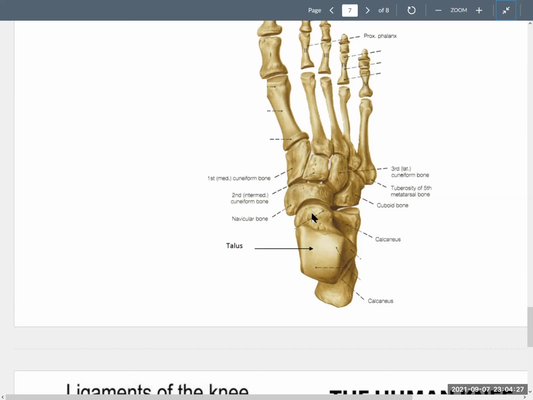Move forward and come back to the only one we skipped right here. This is the navicular, sometimes also called scaphoid, just like in the hand. But navicular is going to be better here. Boat shape, upside down, but boat shape. The navicular straddles cuneiform 1, 2, and 3.